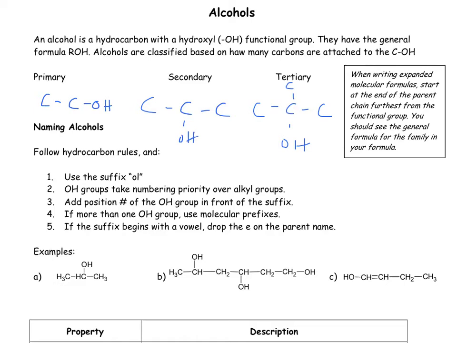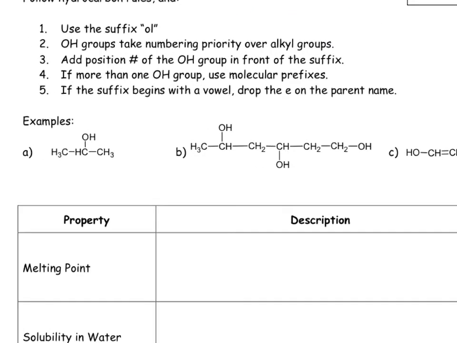Number 3, add a position number to the hydroxyl group in front of the suffix. Number 4, if more than one hydroxyl group is present, use a molecular prefix to indicate how many. And if the suffix begins with a vowel, drop the E on the parent name. It makes the name flow better when spoken. Here are some examples.